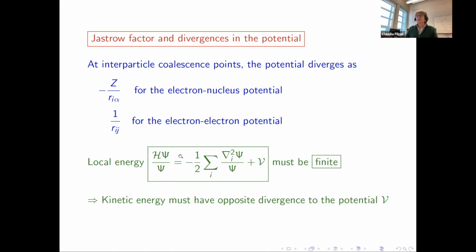Your local energy will therefore have a diverging potential, and in the limit of the exact wave function you would like an eigenstate, but at least for an approximate wave function you would like it to be finite. Which means that if your potential diverges to plus infinity, like in the electron-electron interaction, your kinetic energy should diverge to minus infinity in the same way to cancel this divergence. And that's very easy to impose if you have a Jastrow factor.